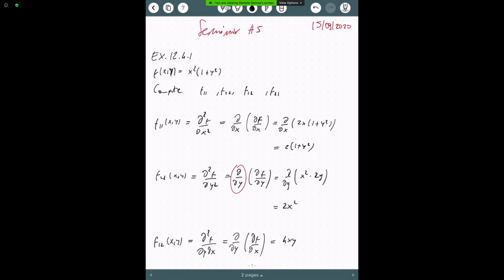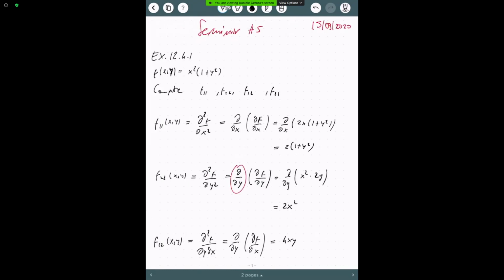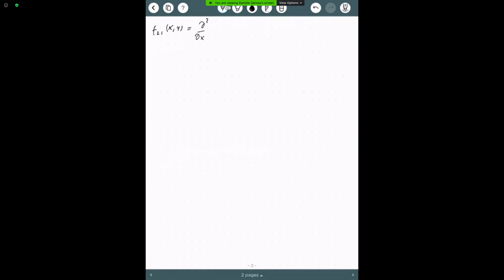And f21, we differentiate first with respect to y, and then we differentiate with respect to x, and we get again 4xy.